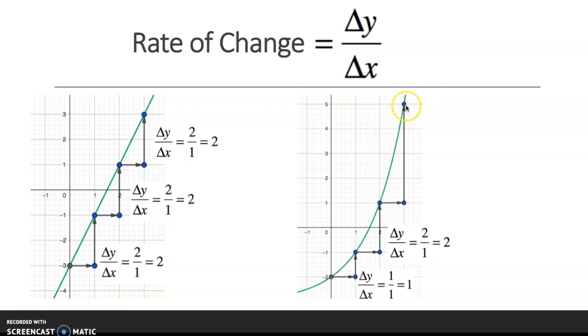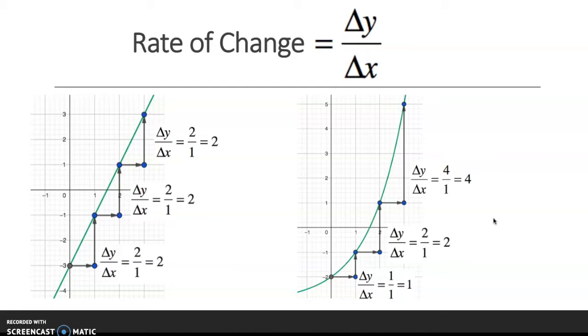Between these 2 points, delta y, the change in y, is 4, because from this coordinate to this coordinate, we have to increase the y coordinate by 4. And change in x is still 1. So the rate of change is 4 over 1, which is equal to 4.